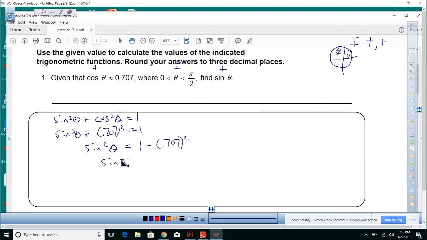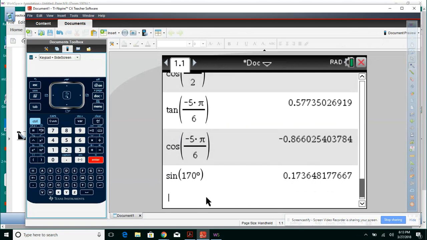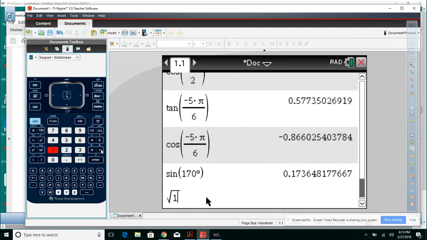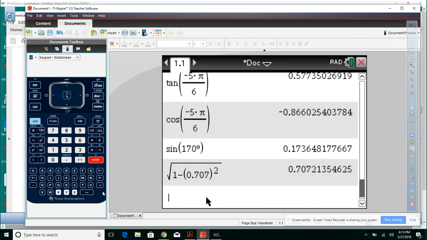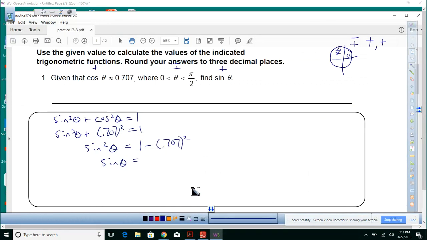So sine theta equals, we're going to take the square root of that. So let's go to our trusty rusty calculator. Square root 1 minus 0.707 close squared, and we get 0.707. So sine theta equals 0.707.